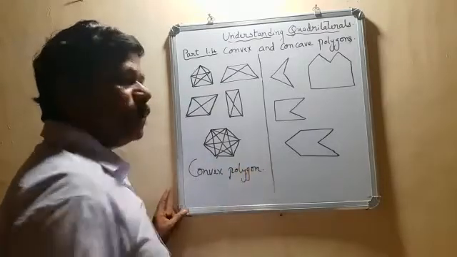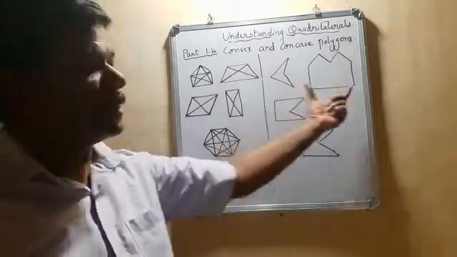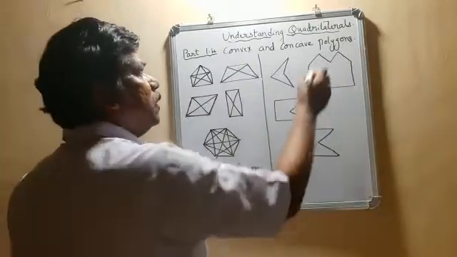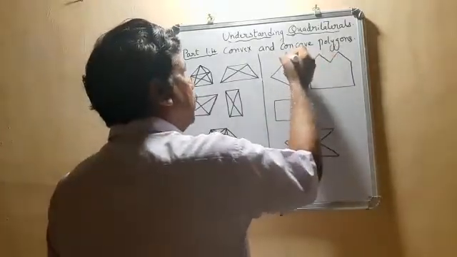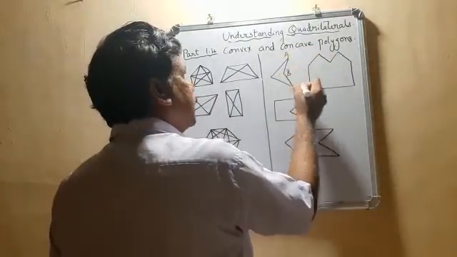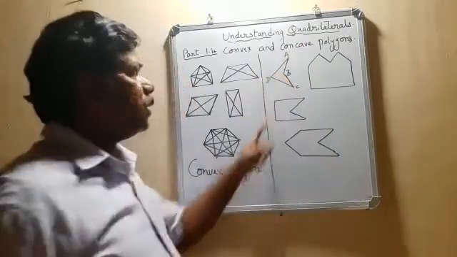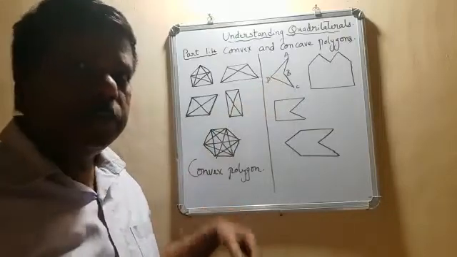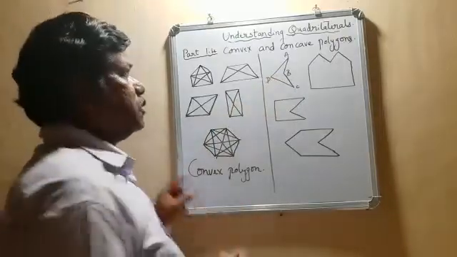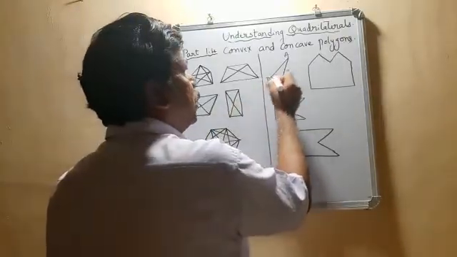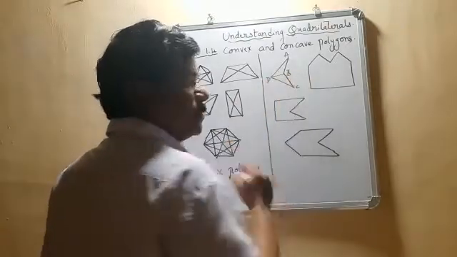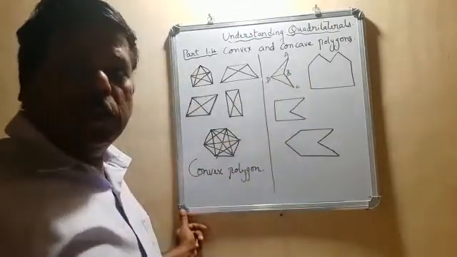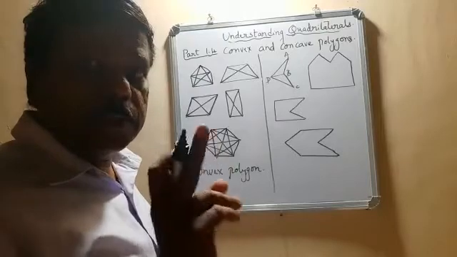Now what about concave polygons? Look at these diagrams. Now these are the alternate points, right? We can name them A, B, C, D. So this is a quadrilateral. If I join two alternate points, yes, it is inside the interior region, but there is one more.